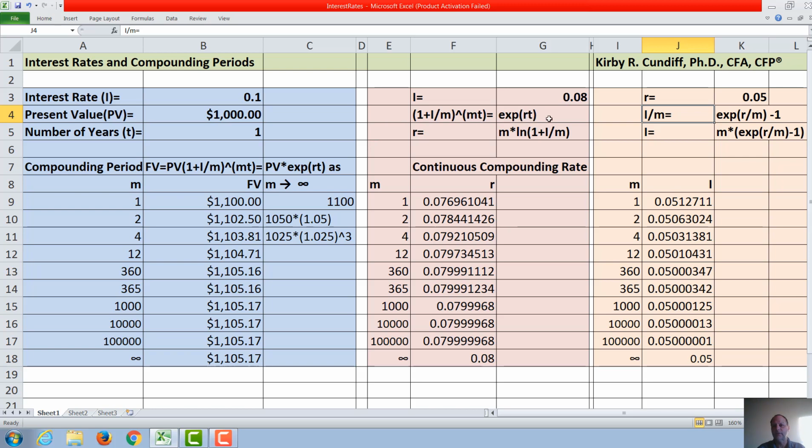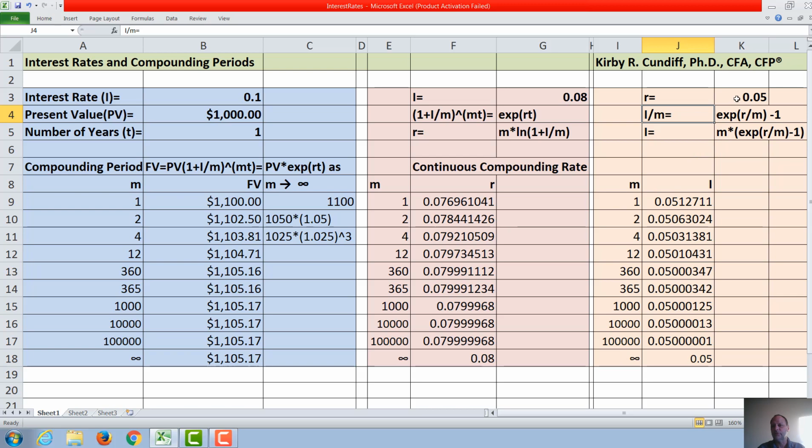We take both sides to the 1 over T, and then you subtract 1 from both sides, and I end up with I over M equals e to the R over M minus 1. And then I'll multiply both sides by M, and I end up with I equals M times e to the R over M minus 1. And now we do the same sort of calculation, starting with M, the number of compounding periods, 1, and going up to infinity.